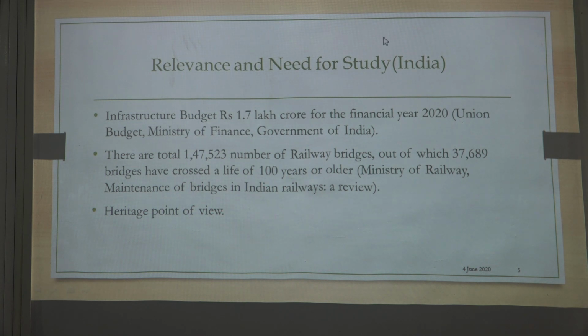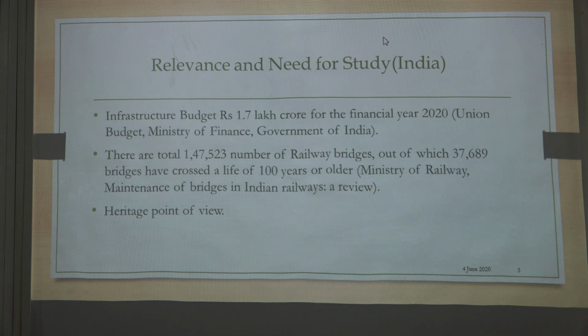In the Indian context, if you see the relevance, the infrastructure budget in the recent year 2020 is about 1.7 lakh crores. These figures I have taken from the Union Budget of the Ministry of Finance, Government of India.